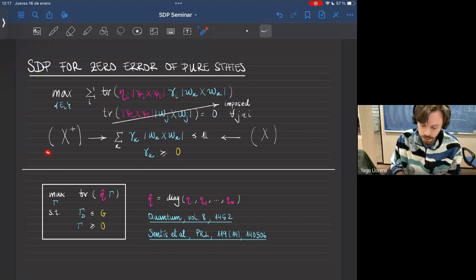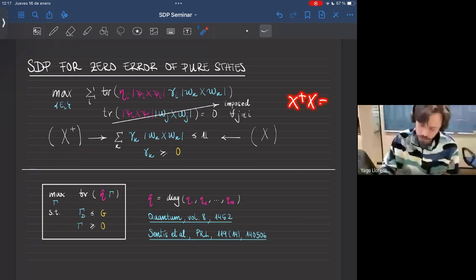To simplify it more, you multiply by X dagger here and by X. X was the Gram matrix, so this identity will convert to the Gram matrix.